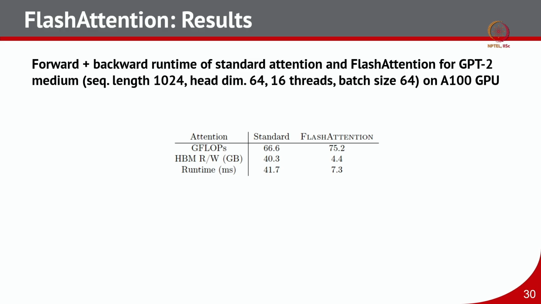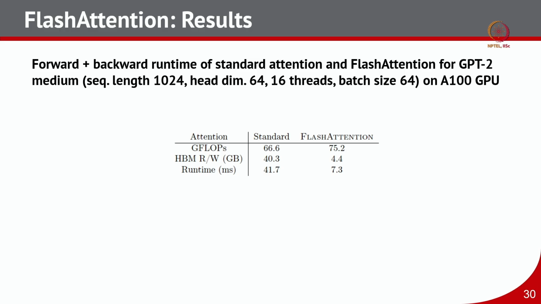In FlashAttention, remember that we performed exact computation, we did not do any approximation. Whatever extra statistics we discussed are not approximation, they are there to perform exact computation. So, there is no degradation in terms of accuracy.